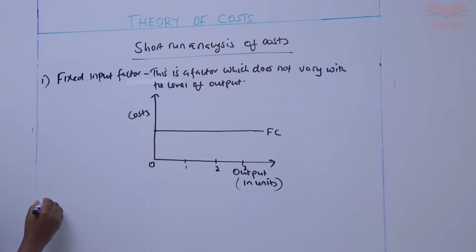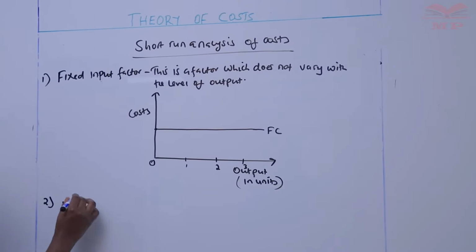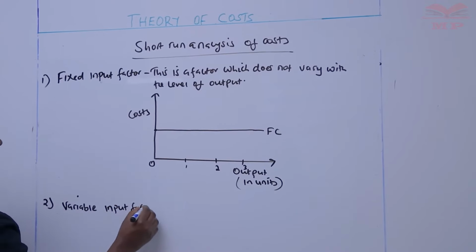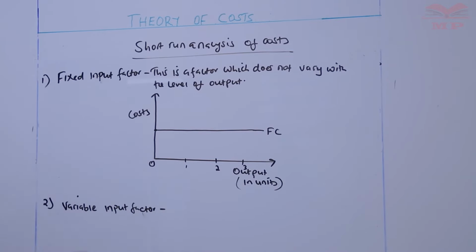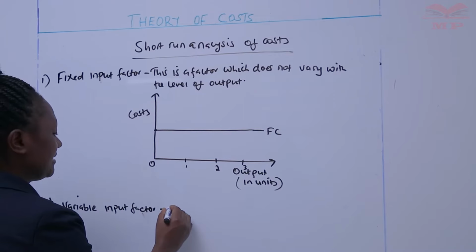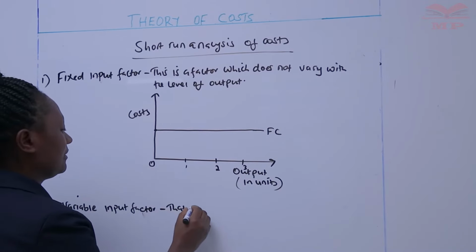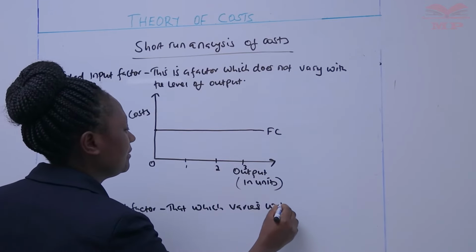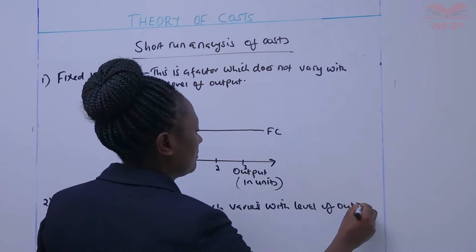Then number 2, we have variable input factor, which is also a variable cost. So a variable input factor is that which varies with the level of output.